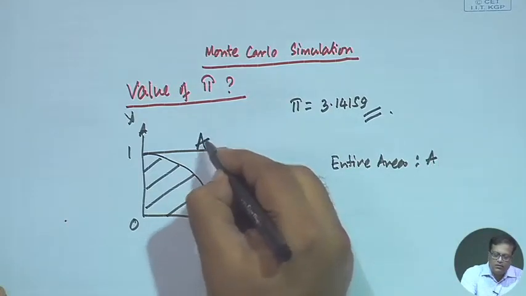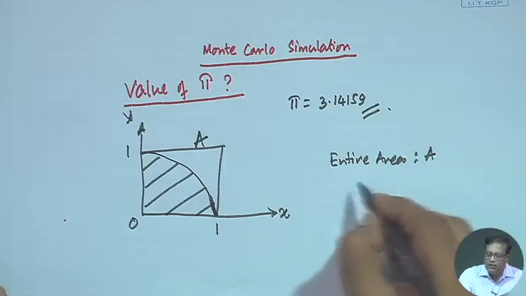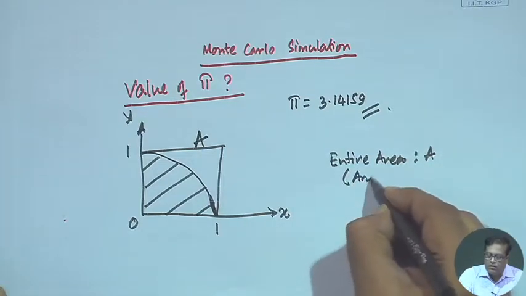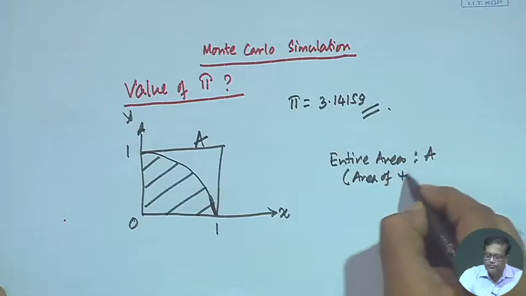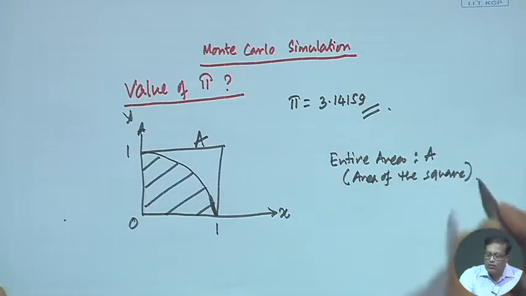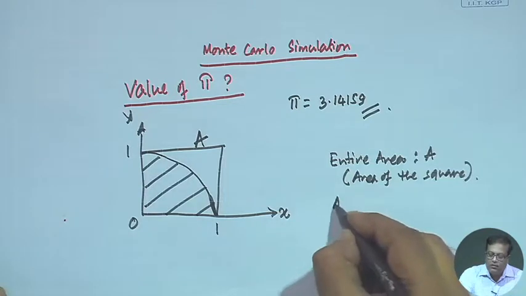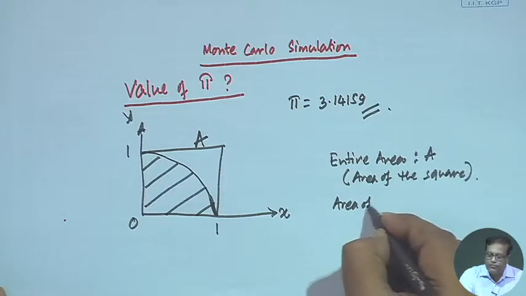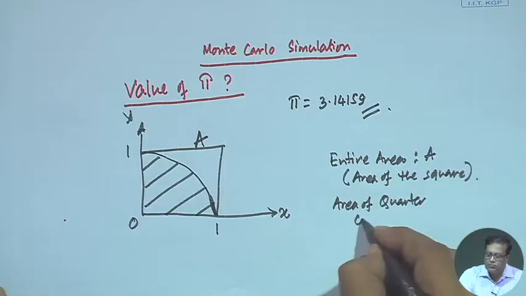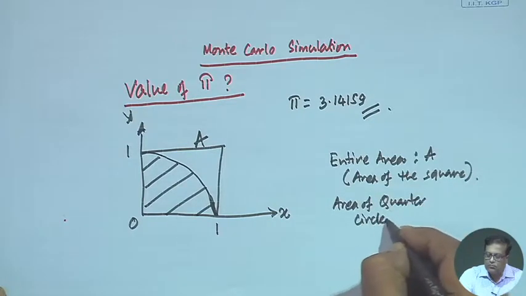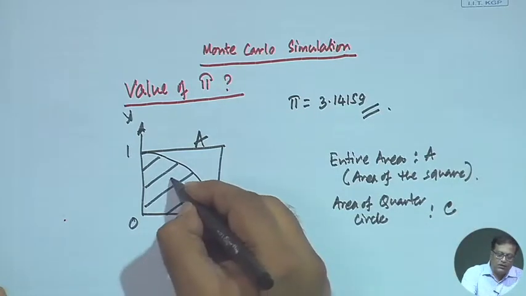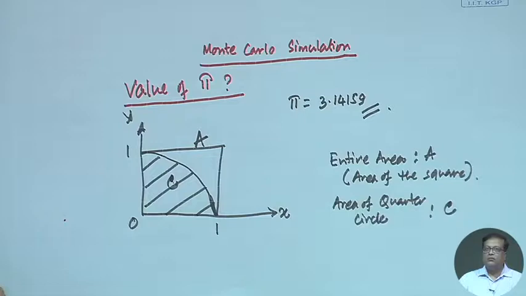This is A, the entire area, that is the area of the square, and the area of the quarter circle, let us say C. So, what is C? This hatched portion is C.